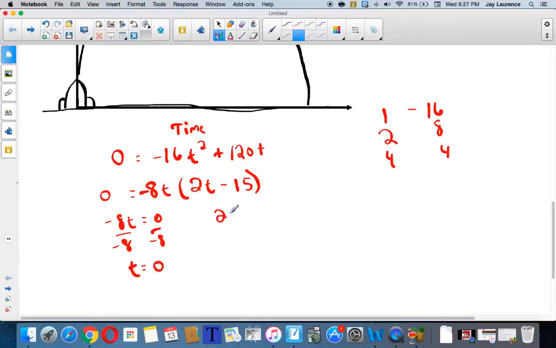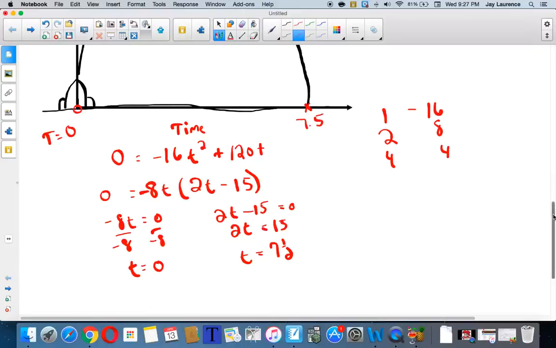And then if I solve 2t minus 15 for when it equals 0, I'll get 2t equals 15, and then t will equal 7.5. So right here is when t equals 0. And right here is when t equals 7.5 seconds.